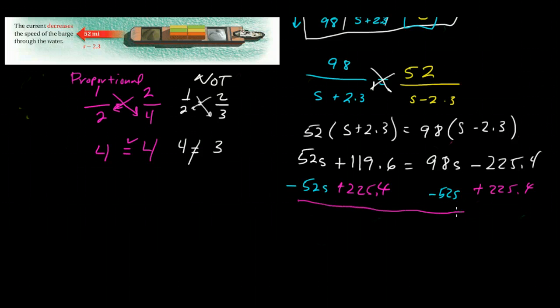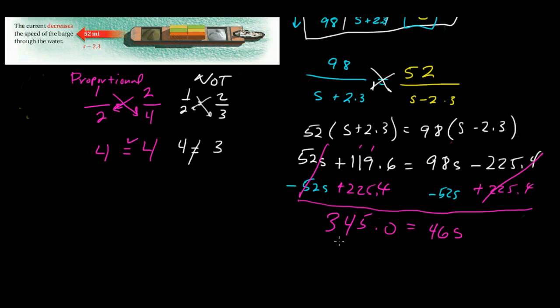And let's see how that goes for us. These will cancel, and that will leave me with 98S minus 52S, or 46S. Those will cancel, and that'll leave me with 345.